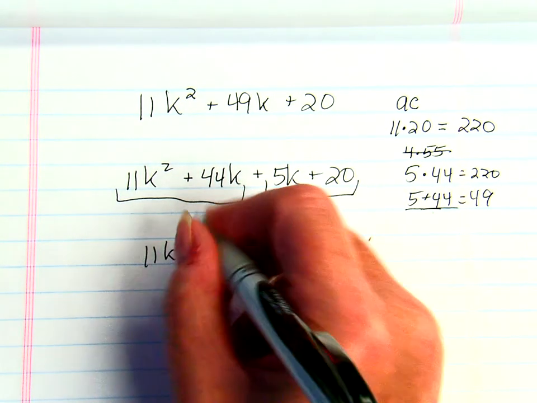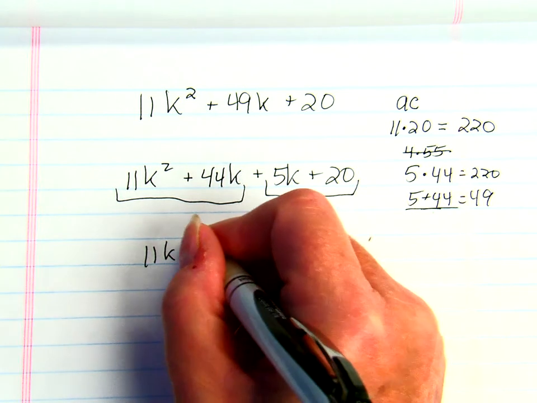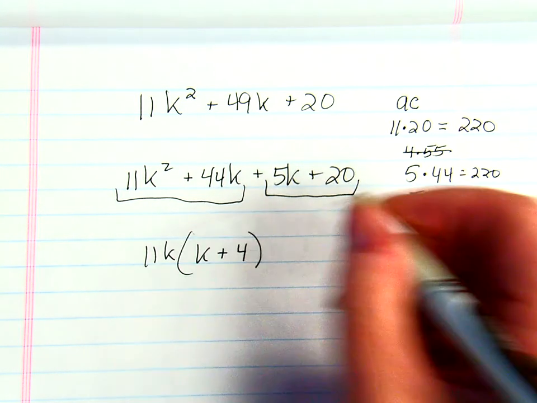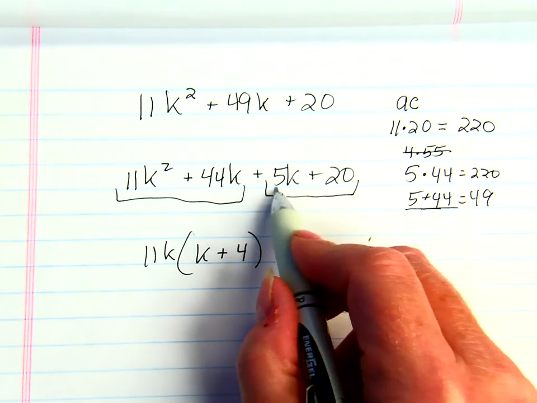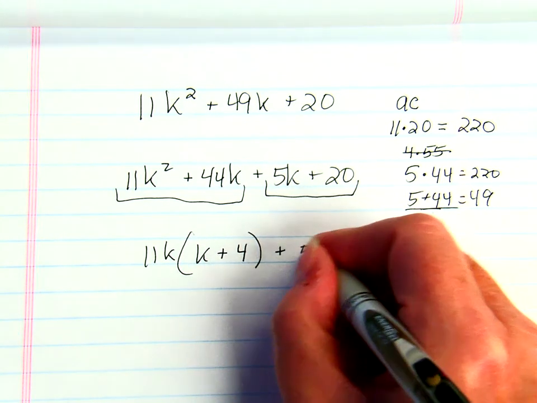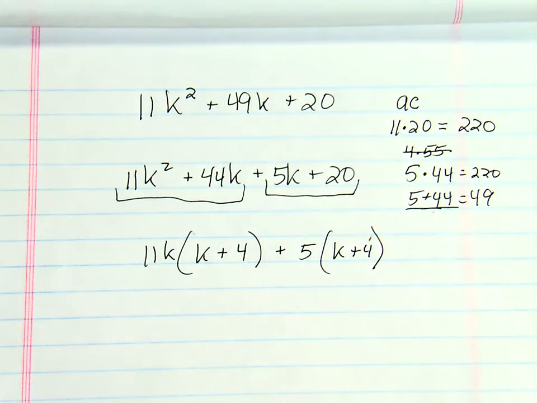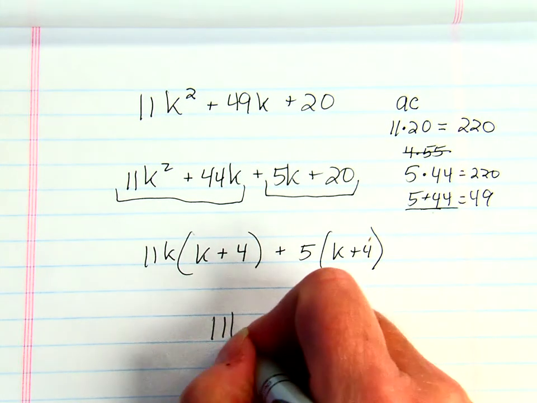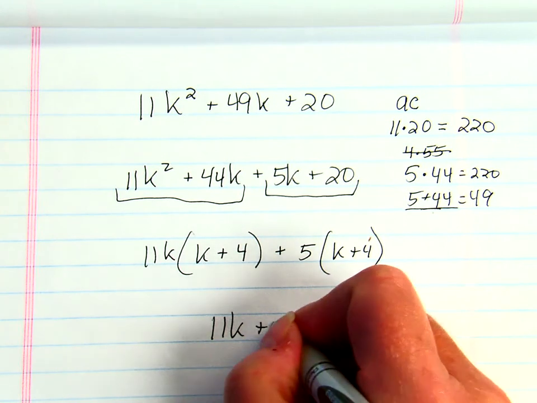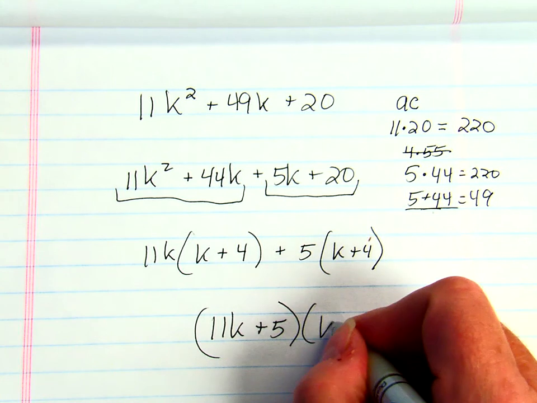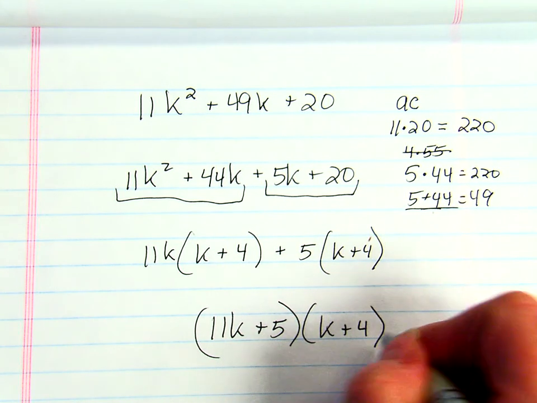I'm taking 11K out, leaving me with K plus 4, plus here I'm going to take out a 5, leaving me with K plus 4, and I come out with 11K plus 5 and K plus 4.